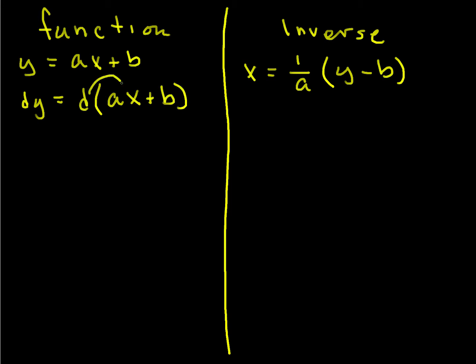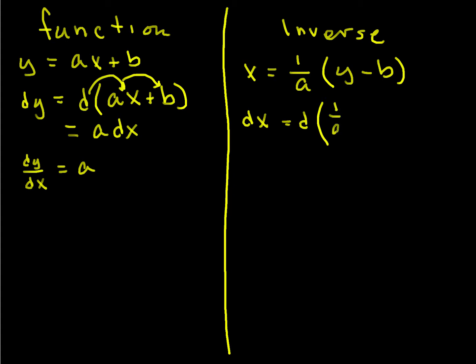And the differential distributes across. The derivative of b is 0. So in the end, dy/dx is simply a. Over here, if I take dx, this is the differential of 1 over a times (y minus b).